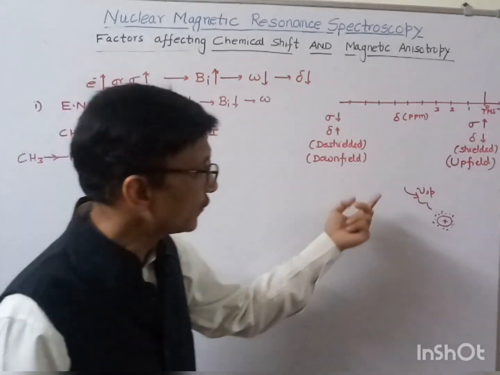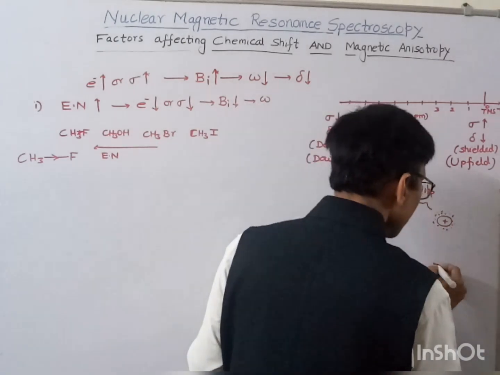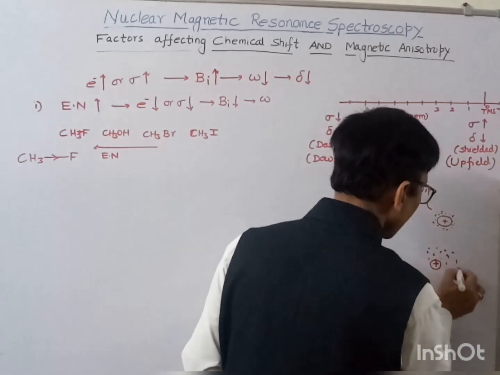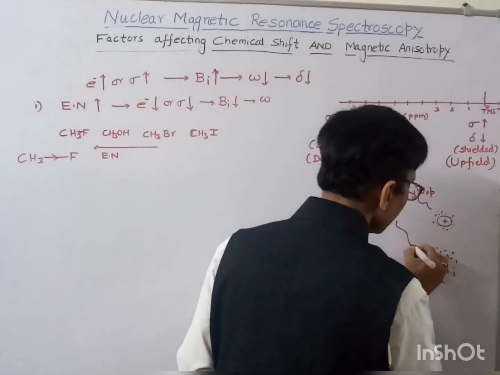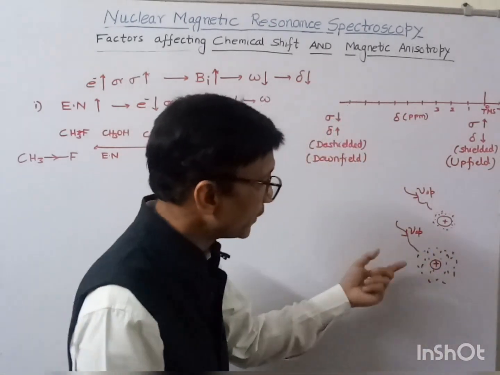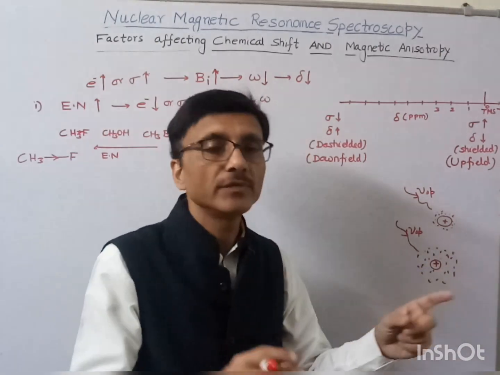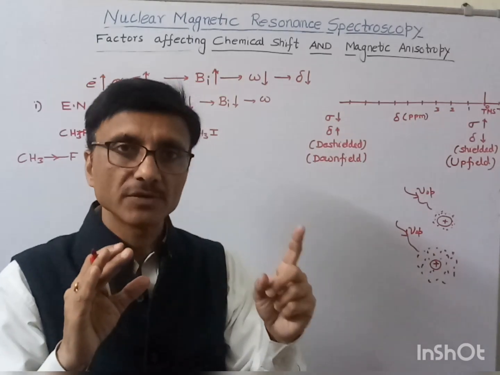So in that case, if the electron density is lower, in the same way, if this is a proton and the electron density is very high like this, then the operating frequency that it will feel will be less. If the operating frequency felt is less, then in that case this proton will resonate at a lower precessional frequency.